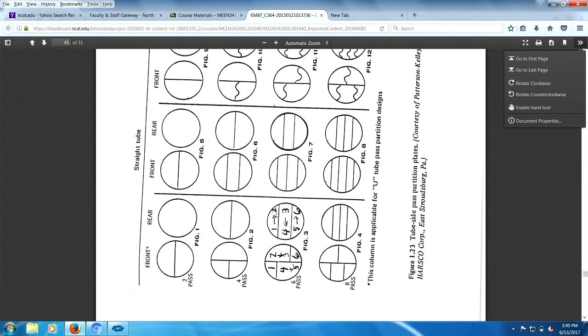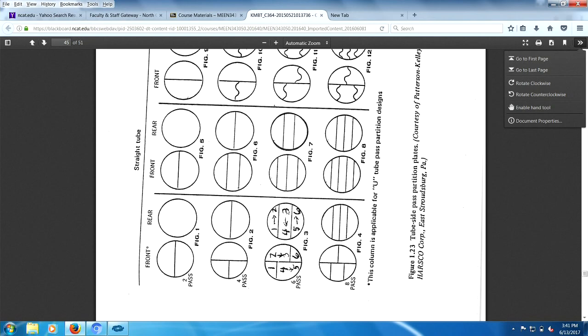The orientation on this doesn't matter. Let's take this one right here. This is a 6-pass. These are channel covers. So it goes in at 1. It comes out at 1. Goes into 2 because it's the only place it has to go. Comes out at 2. Goes in at 3.